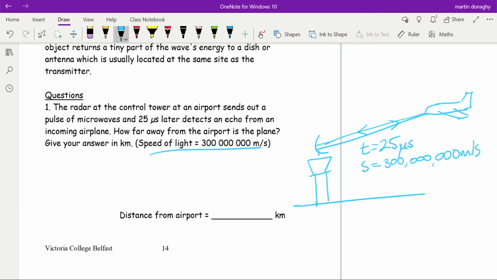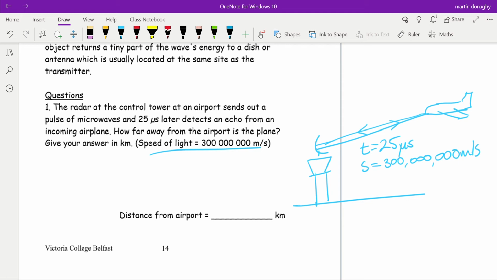So all types of light, not just visible light, as you're going to see later in this book, when you look at the electromagnetic spectrum, which includes gamma rays, which you've come across before, infrared, thermal radiation, but also radio and microwaves and UV and X-rays, they all travel at this speed. It's a very fast speed, much quicker than the 330 meters per second of sound. But that means the time taken for these reflections is also going to be much smaller.